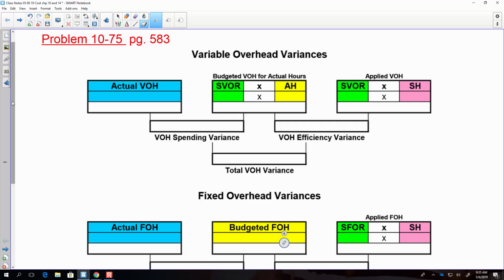With those performance ones, remember we're still looking at the same items, just in a different format. To get the spending variance, we've got to look at the actual versus the plan rate in this case. And then for the efficiency, we're coming off of the middle box and going to a comparison to the final box.